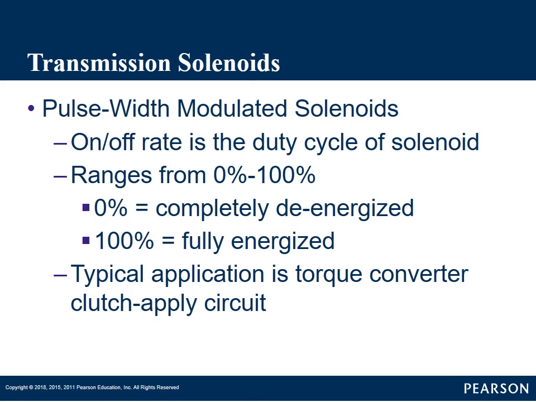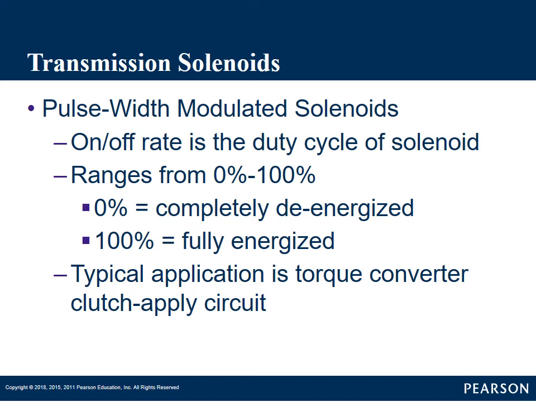A real typical application for this is torque converter clutch apply circuits. In the early days, torque converter clutch applies were on-off solenoids. But to increase the comfort of that shift, so customers didn't feel the torque converter apply, they would use pulse width. They could change the duty cycle to change exactly how much fluid flows through.